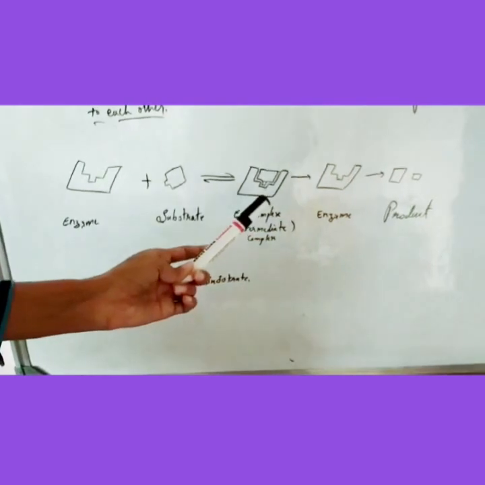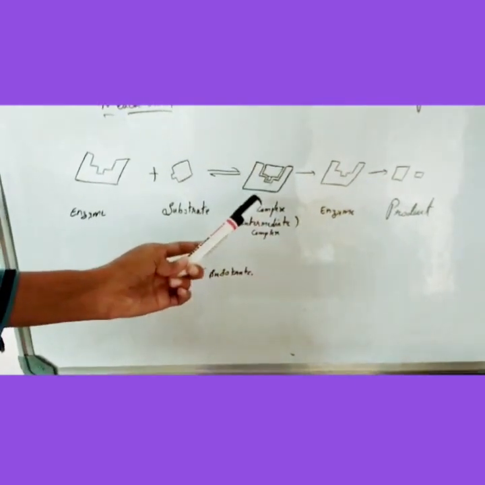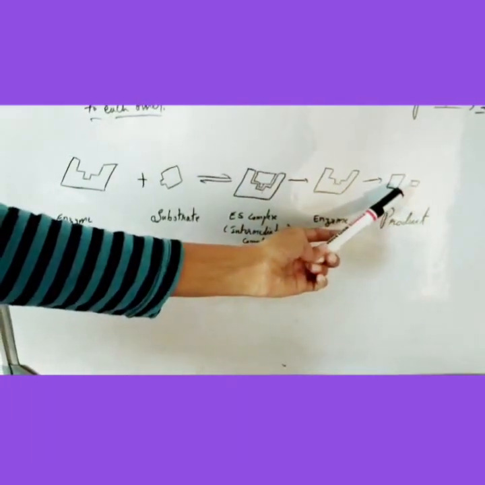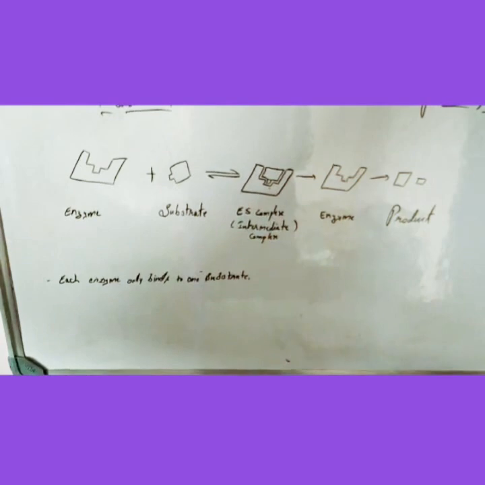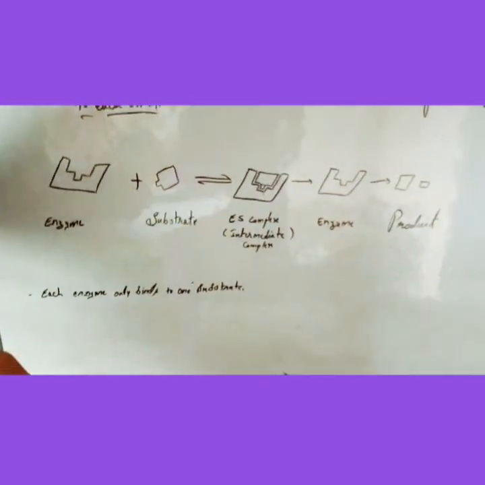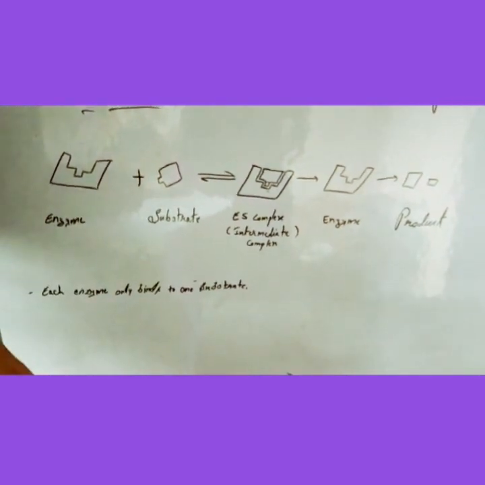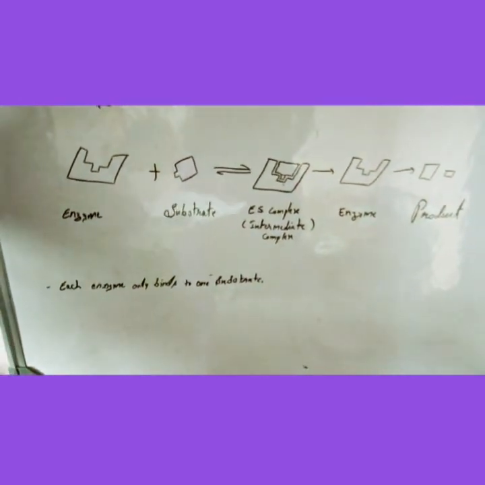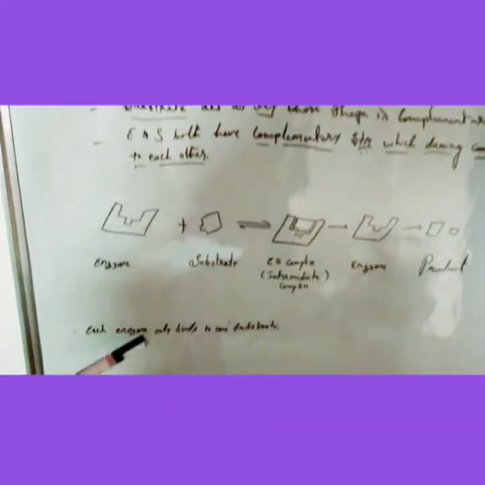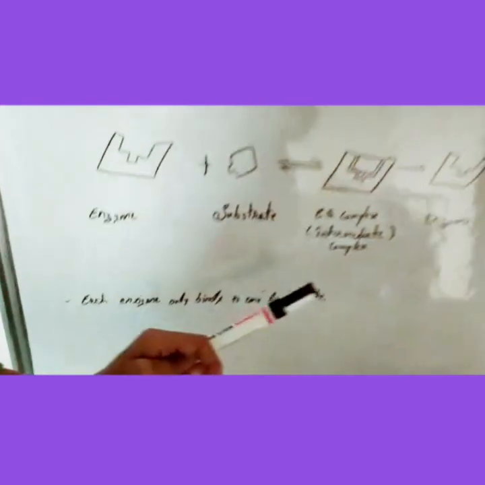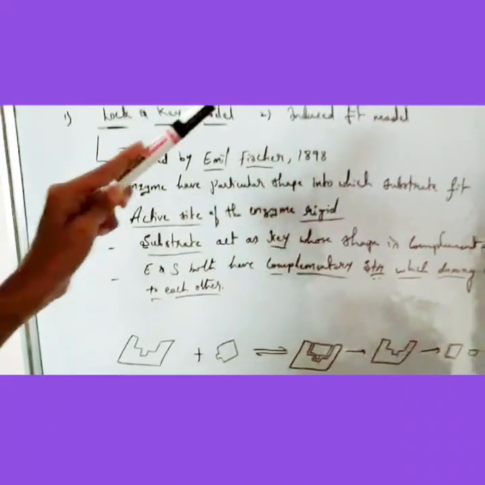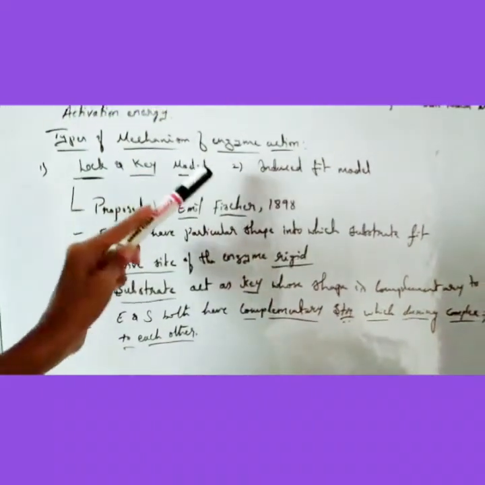This complex in turn reacts to release the enzyme and yield the product of the reaction. This fit between the shape and chemistry of the active site and the shape of the substrate is described as the lock and key model. Each enzyme only binds to one substrate. So this is the lock and key model.